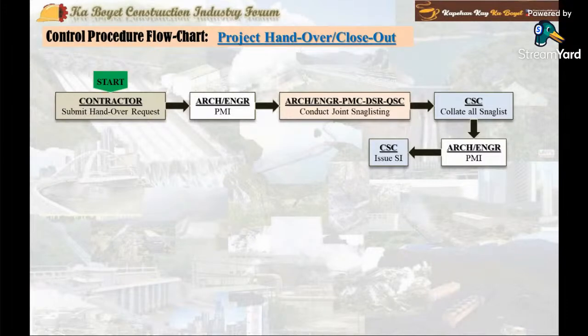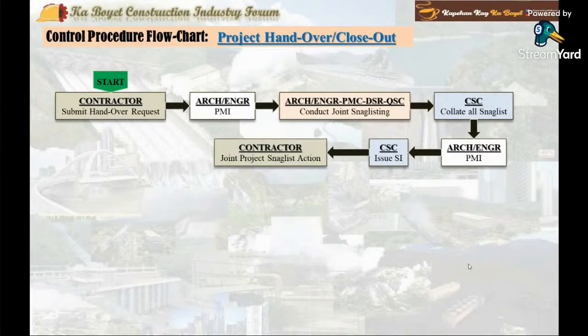Upon receiving the PMI, the consultant prepares and issues a site instruction or SI for short to the contractor attaching the architect engineer PMI with the signed joint project snag list.